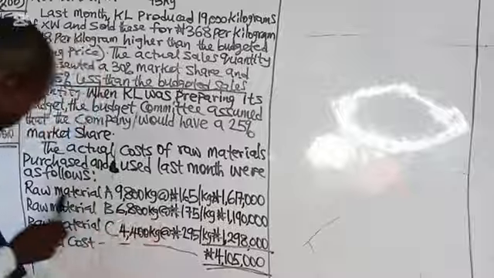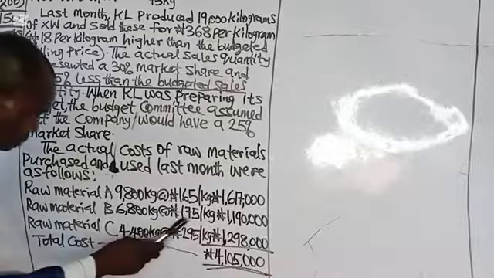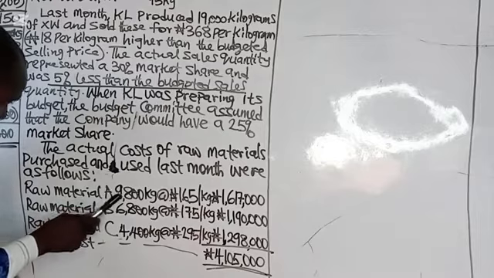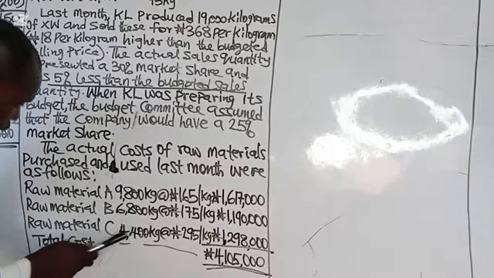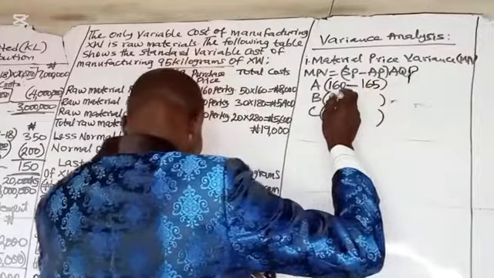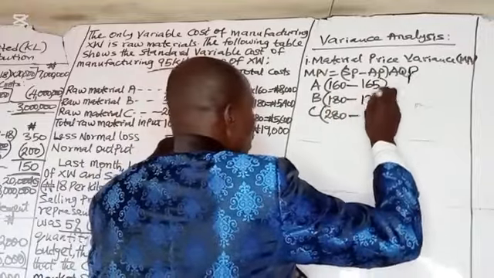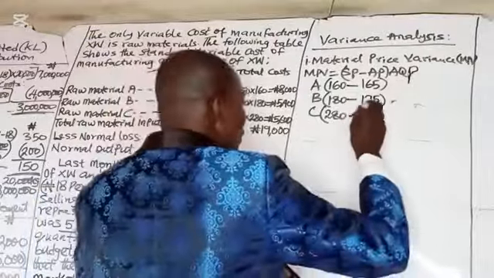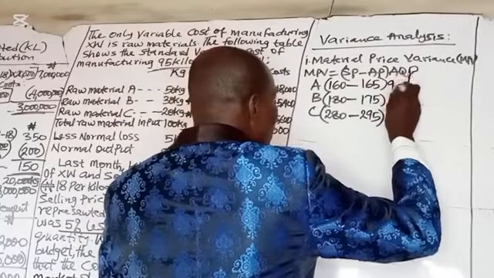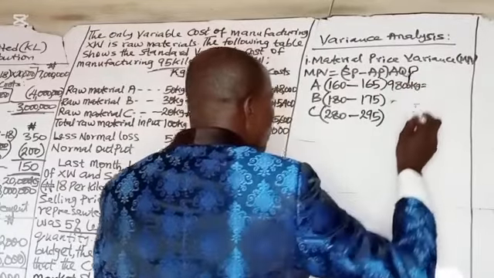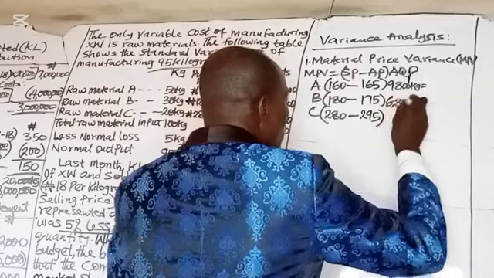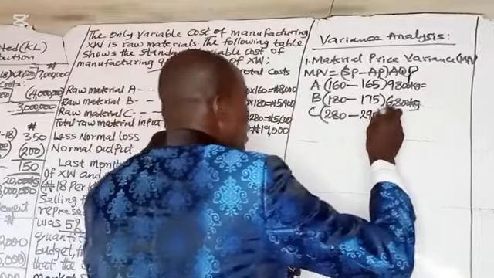The actual price of A is 165, B 175, C 295. The actual quantity for A is 9,800 kg, B 6,800 kg, and C 4,400 kg.